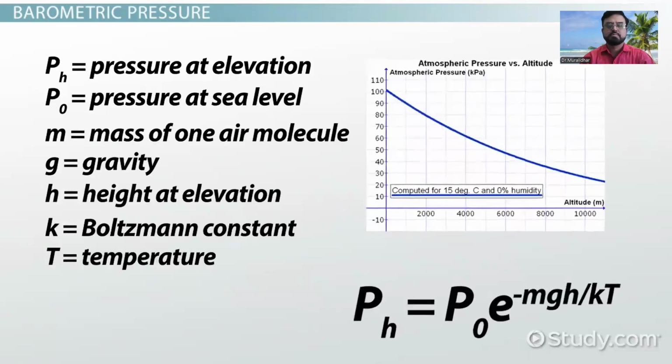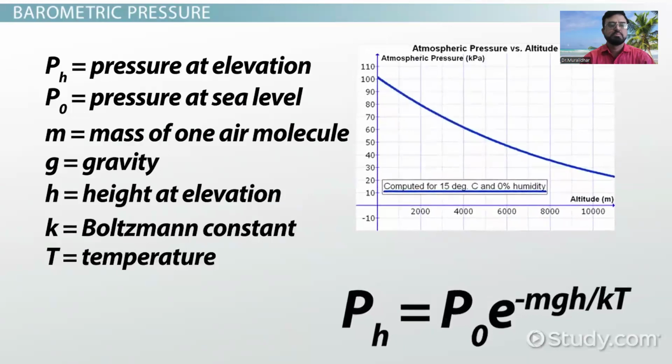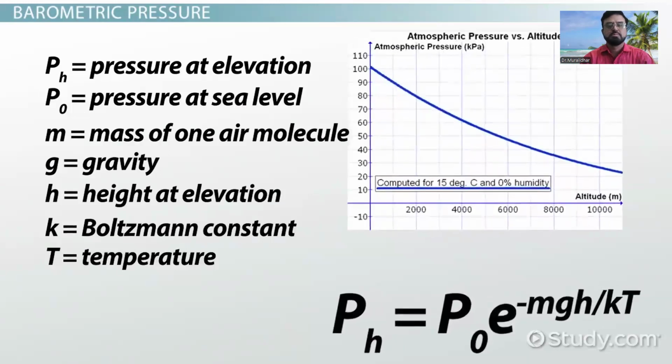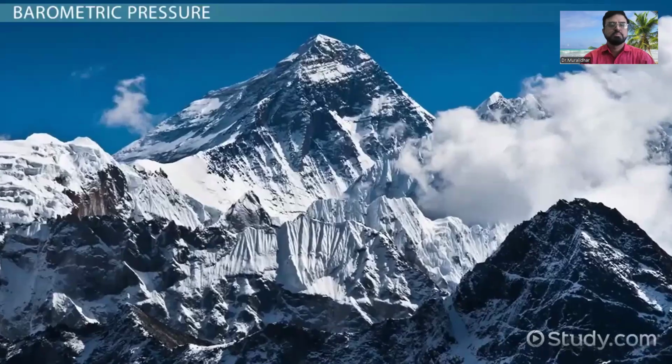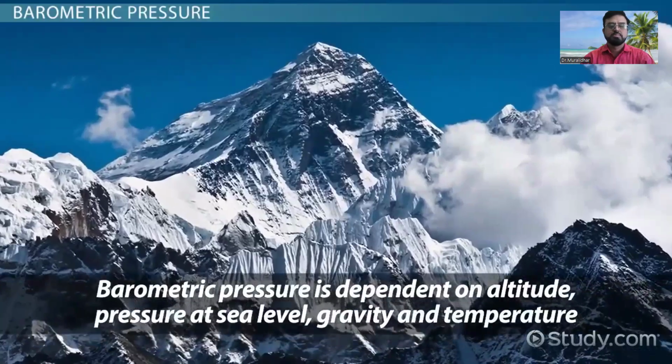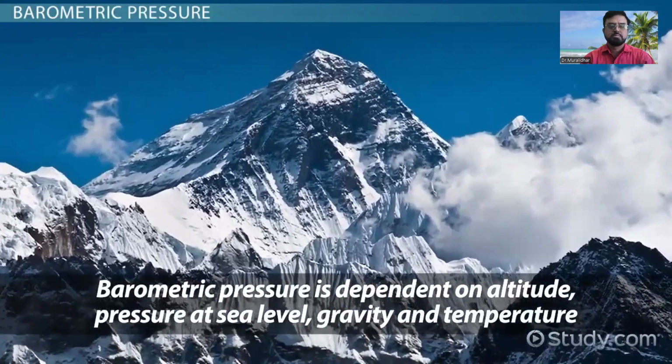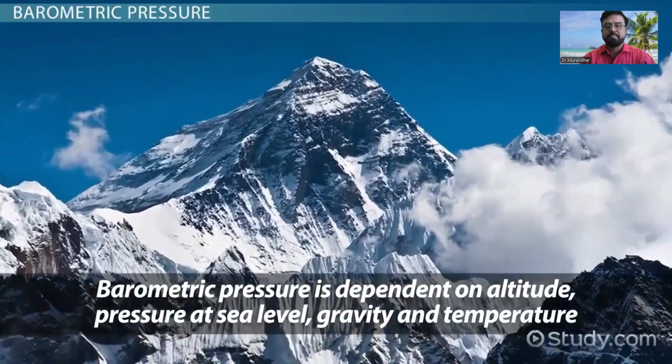What this equation shows you is that pressure decreases exponentially with altitude. As we see in this equation, barometric pressure is dependent on altitude, pressure at sea level, gravity, and temperature.